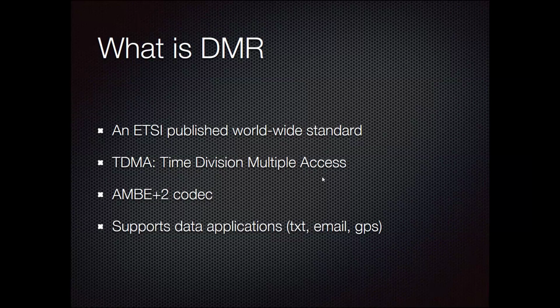It supports small text messages, email, and GPS as well. You can do APRS over DMR. I believe someone was working on a plugin for HB Link where your radio could send the APRS information across DMR. I'm pretty sure they got that working. I was assisting him with it for a while, but kind of lost touch on it. But I believe he got it working.